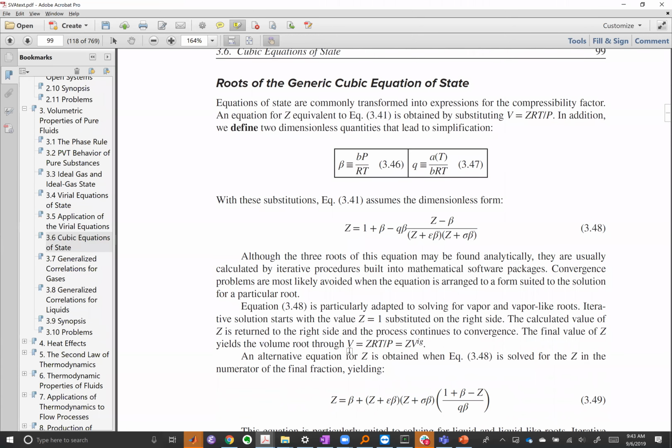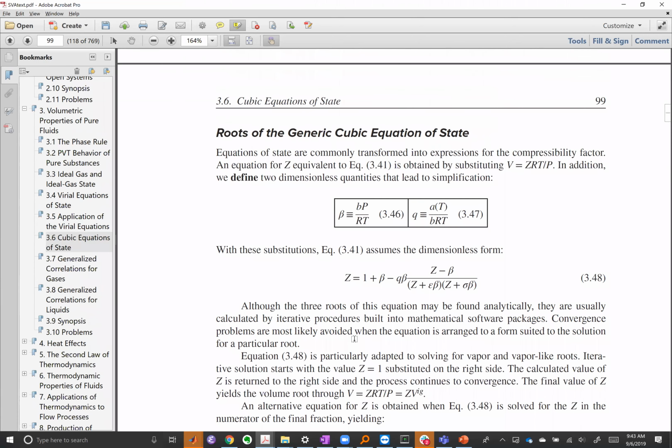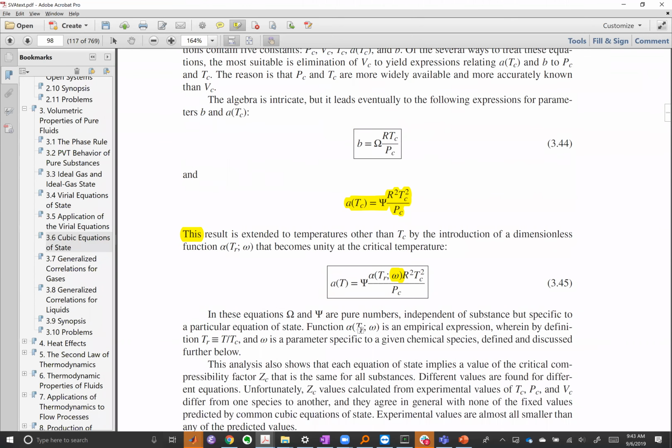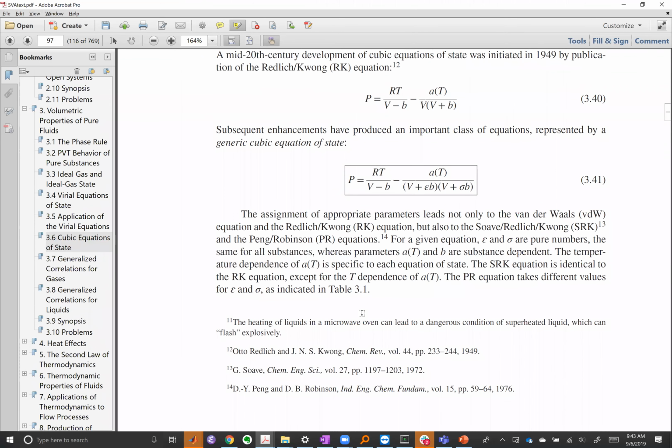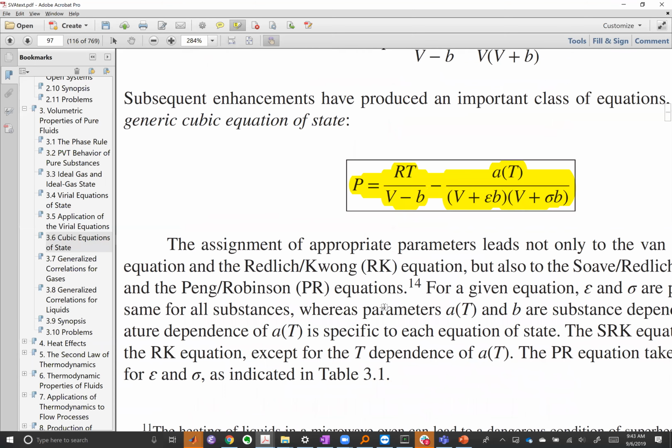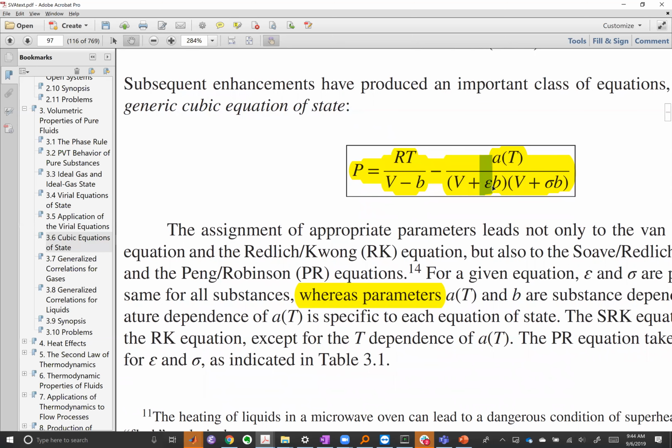Okay, so the full form of the cubic equation of state you've seen before, and so again, I'm not going to elaborate on it quite a bit, but this is the general form of the cubic equation of state. So they look an awful lot like van der Waals equation. The main differences being that you've got some extra decoration in the 1 over V squared term.